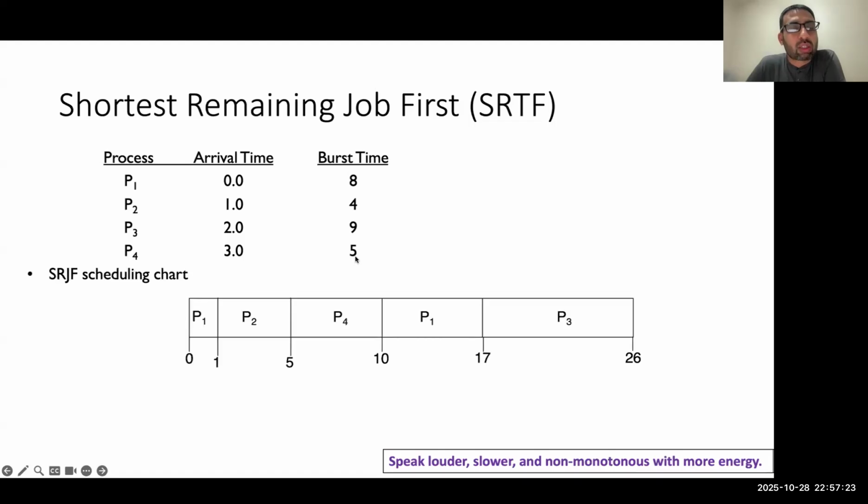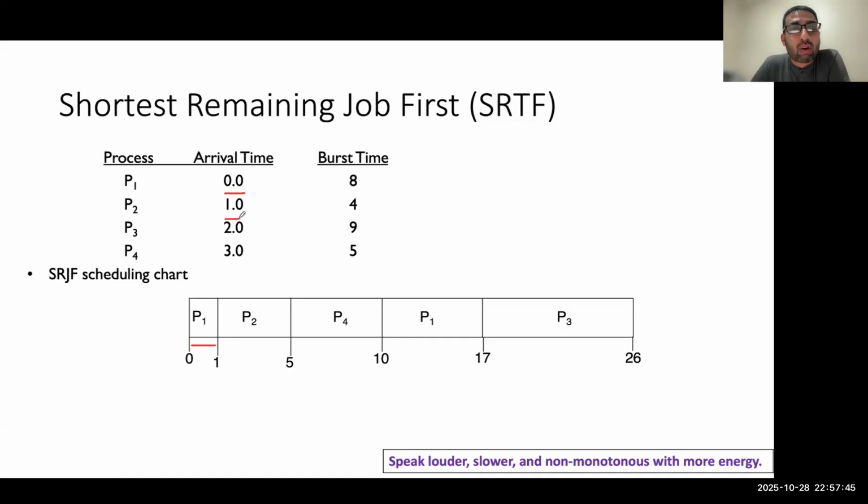Now let's have a look at how their schedule will look in terms of a Gantt chart. At time 0, we have no other candidate, only P1 is ready, so we allow P1 to run, but it runs for only one time unit, and then P2 arrives at time 1.